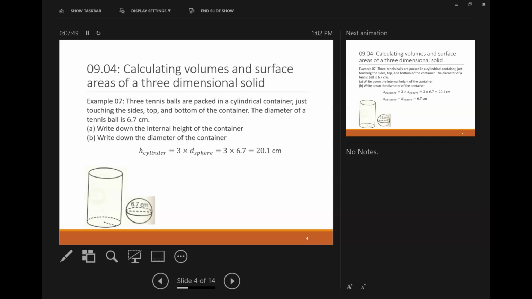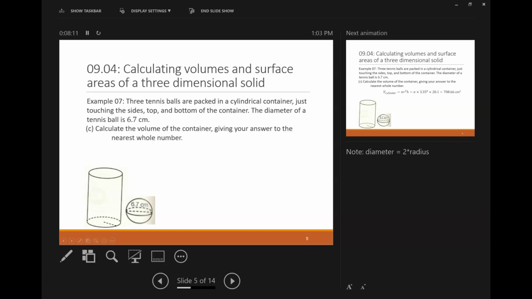Everybody happy with that? And what's the diameter of the container? It's the same as the tennis ball, right? If the tennis ball fits snugly in there, then they have to have the same diameter. Everybody happy there?